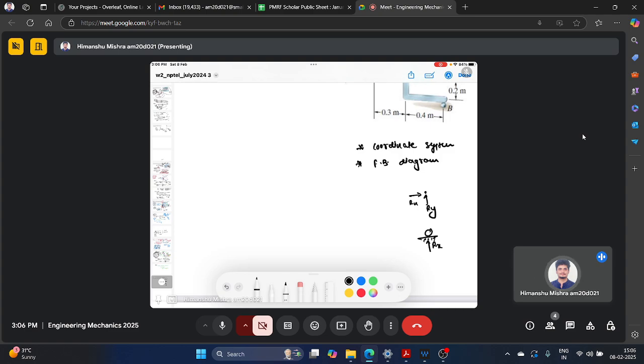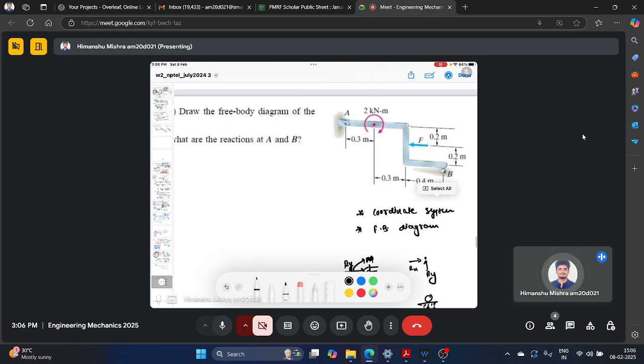If the motion is constrained in any direction, then there will be a reaction force. Otherwise, obviously, there will be no reaction force. And if we have a fixed support, then there will be a reaction moment also, along with both components of reaction force.